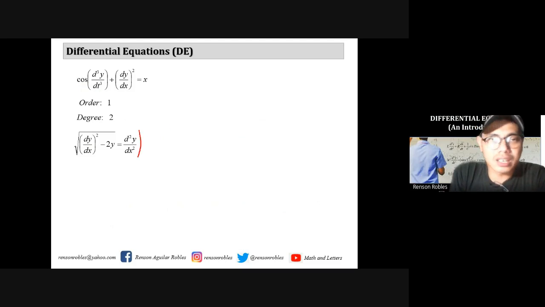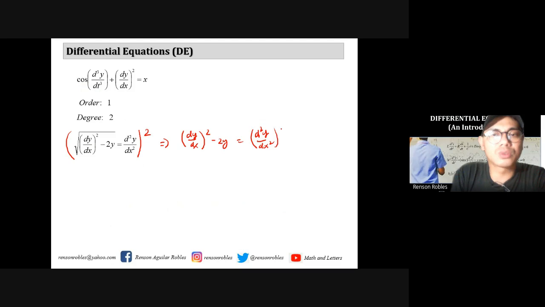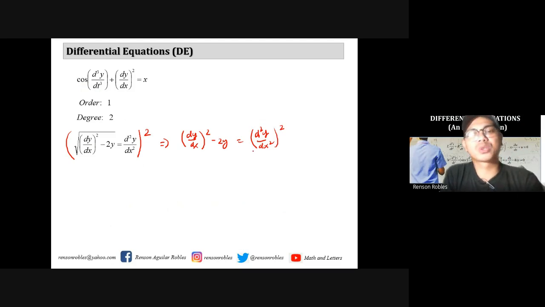You just take the square of both sides, leading you to the derivative of y with respect to x to the second power minus 2y is equal to the second derivative of y with respect to x to the second power. So the resulting differential equation can now be characterized based on its order and degree.